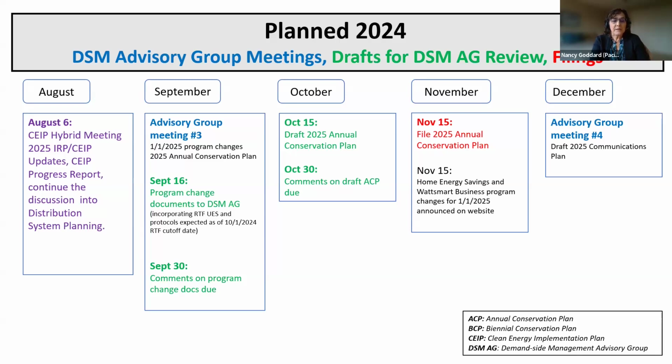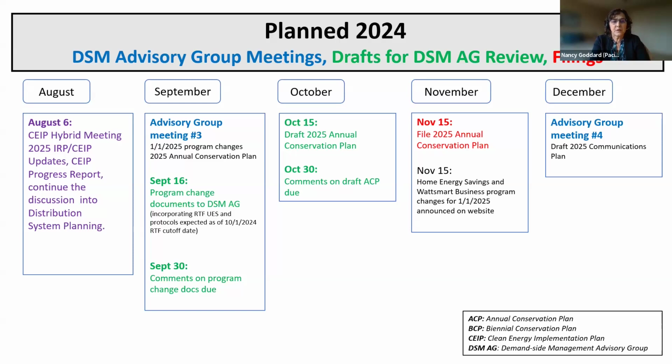In between our 2-year energy efficiency filings, we file an update for the second year. So that's what's going to be happening in 2024 for 2025, which is the second year of the planning of our biennial right now. So on this slide, you're going to see all the work with the DSM advisory group on this. First, we're going to review our programs and propose program changes for 2025.